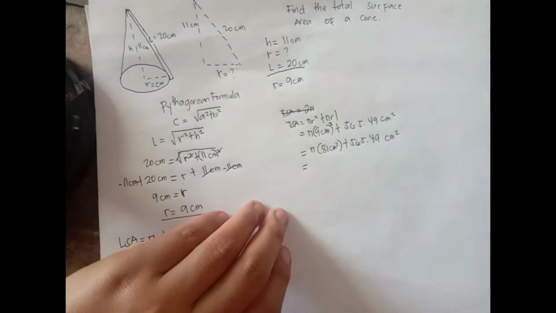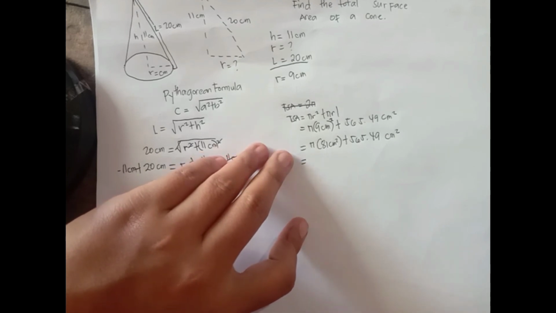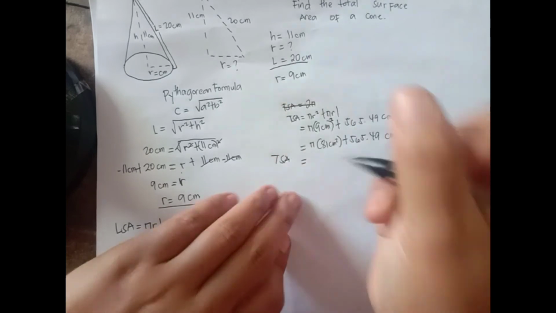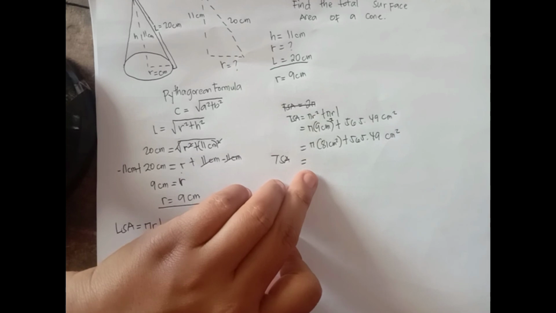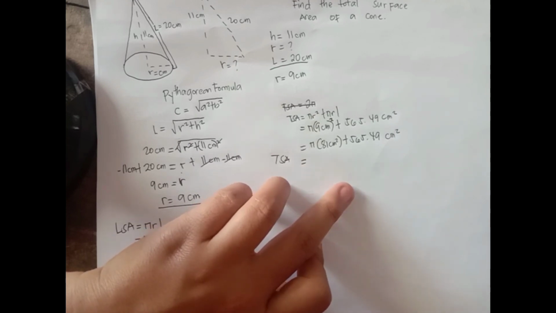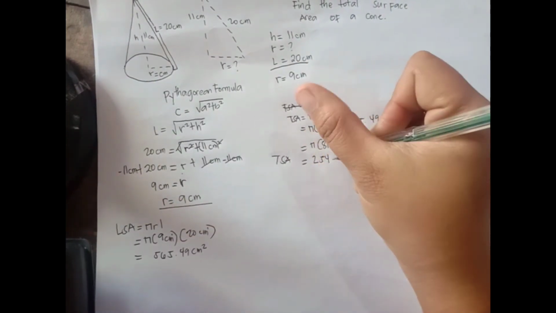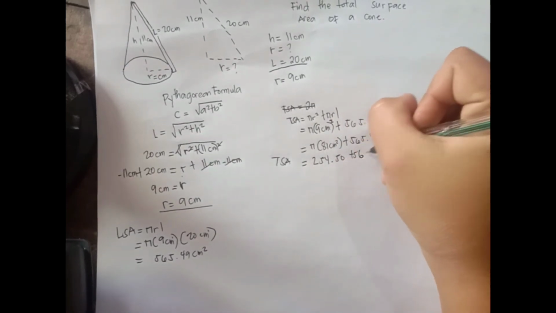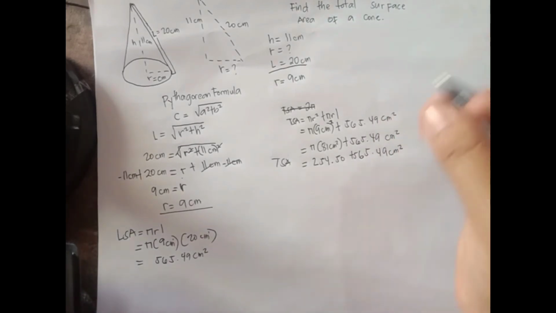Next, we have to simplify. So, what is the answer of total surface area? Okay, pi times 81 is equals to 254.50 plus 565.49 centimeter squared.